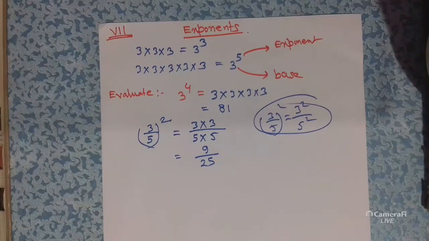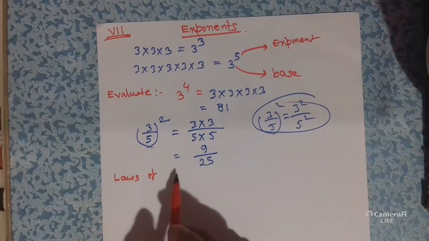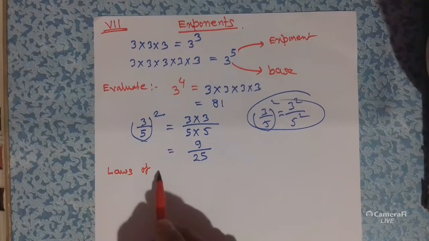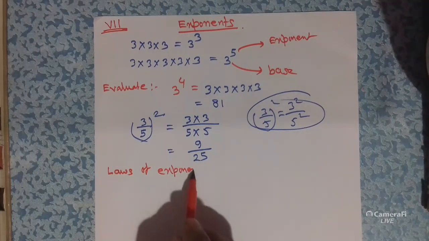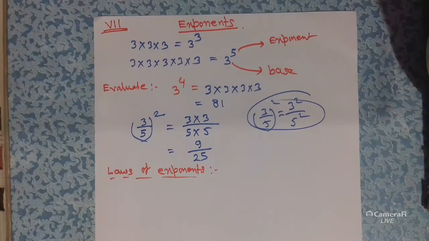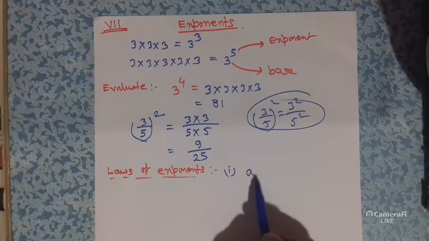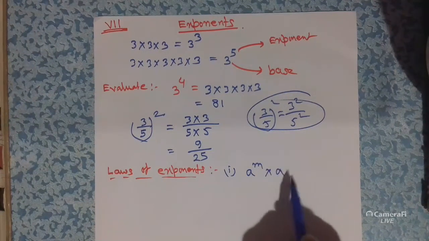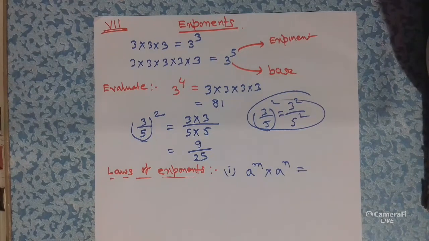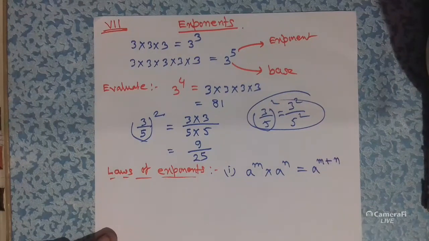Now I am going to discuss the laws of exponents. If a to the power m multiply a to the power n, then it can be written as a to the power m plus n.